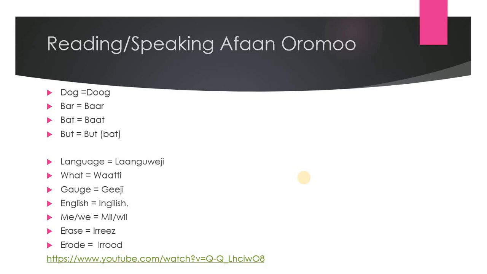"Erode". It is not "erode". "Errode". So we stay not long only, but we also stay longer, and we say it deeper. It's called a strong sound. Strong sound, "errode", "errase".